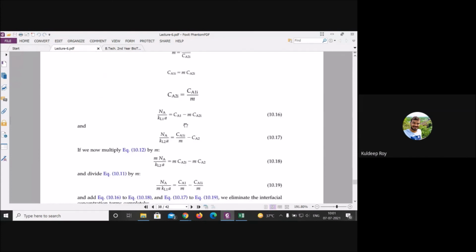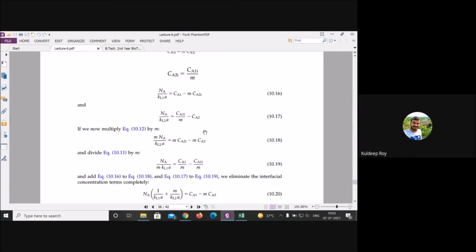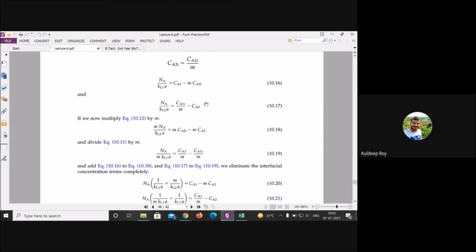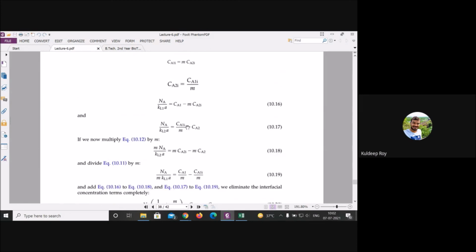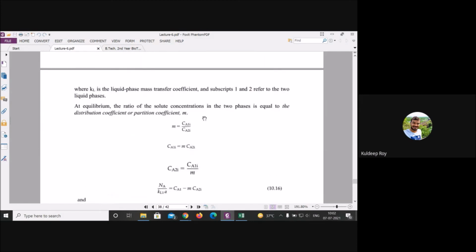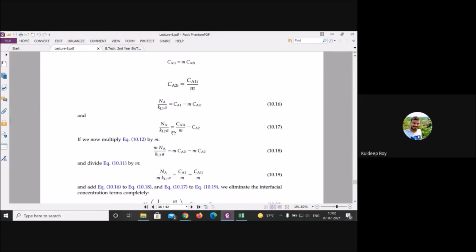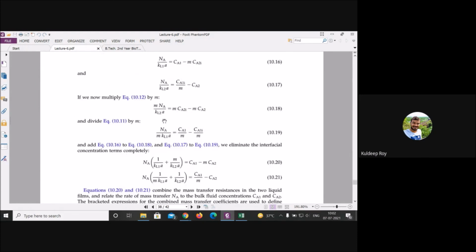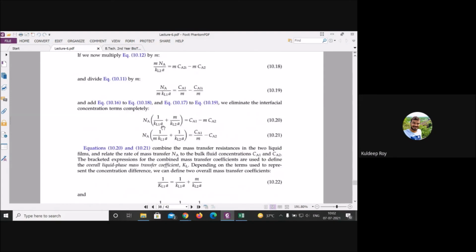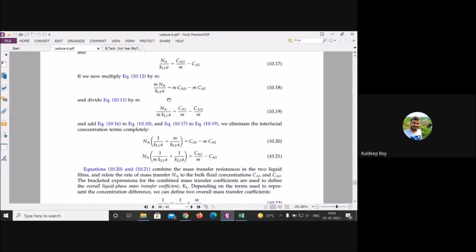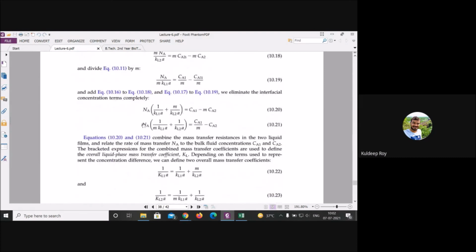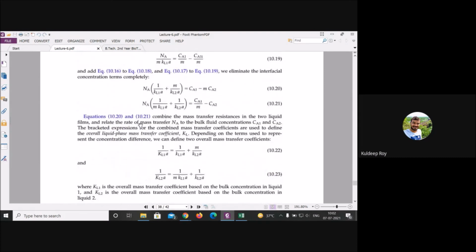Then you have to rearrange and solve, and after all the solving, focus on the fundamental thing: this is the partition coefficient. See how the derivation was done. These were just rearrangements. Just multiply and divide. You can do it. This is very simple.